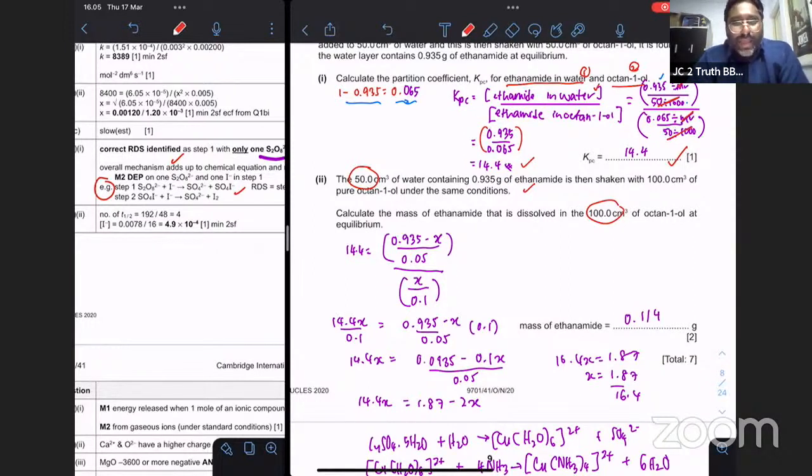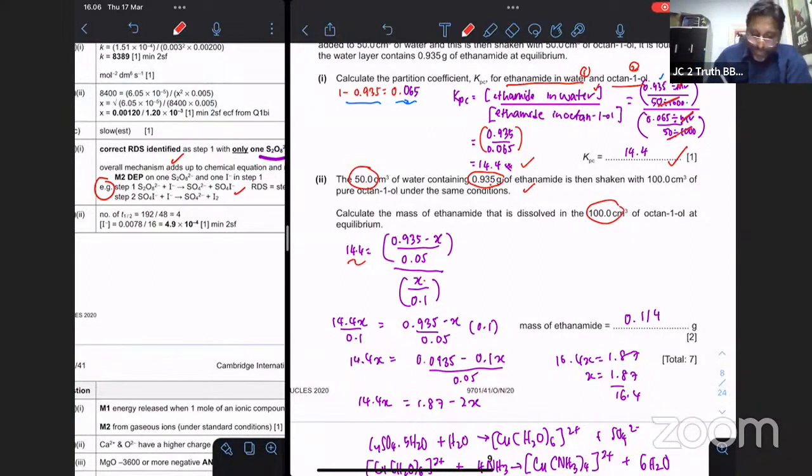Most of the time, they just use the 14.4 that you found, put 0.935 and then divide by X. You forget one thing: this is the amount of ethanamide in water, and a certain portion from here will go and dissolve in octan-1-ol. Let's take that amount, in mass in gram, as X.